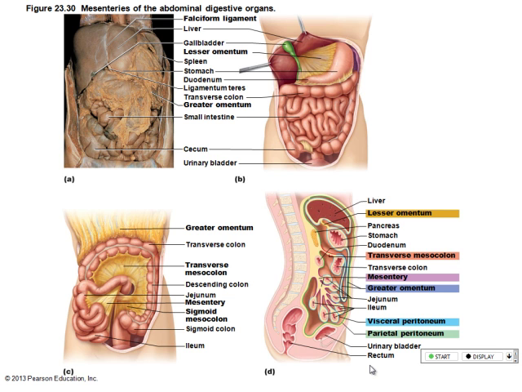The mesocolon is associated with what? Take a guess. Which tubes? Large intestine. So that's the one that holds together all the large intestine. The mesentery, small intestine.